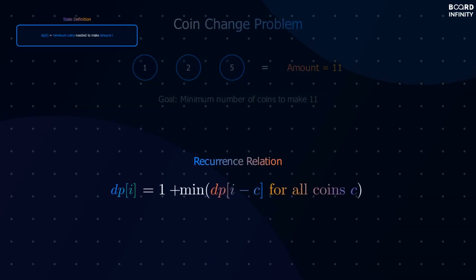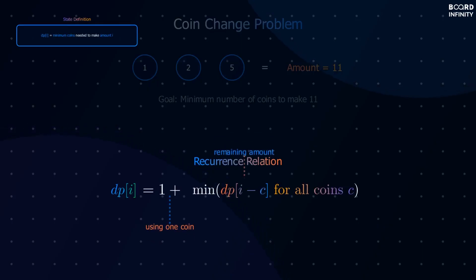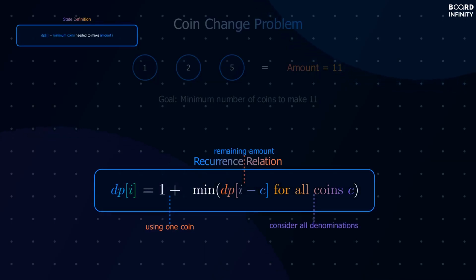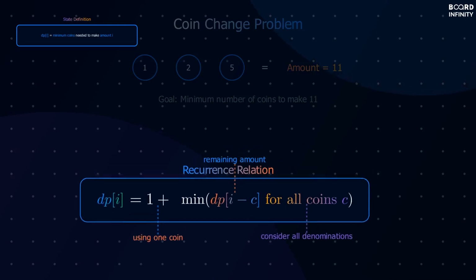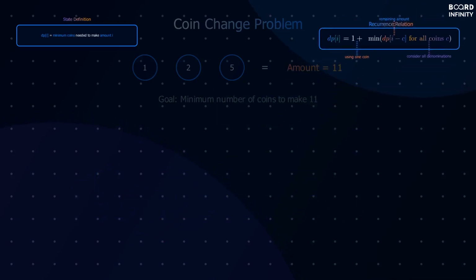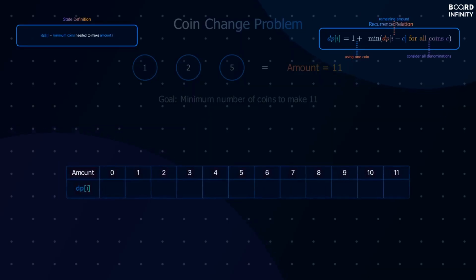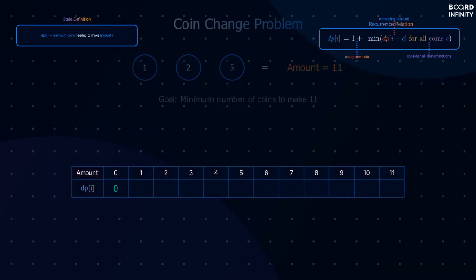If we use a coin of value c, we've reduced the problem to making amount i minus c. So DP[i] equals 1 plus the minimum of DP[i minus c] for all coins c. The base case is DP[0] equals 0. You need 0 coins to make 0.